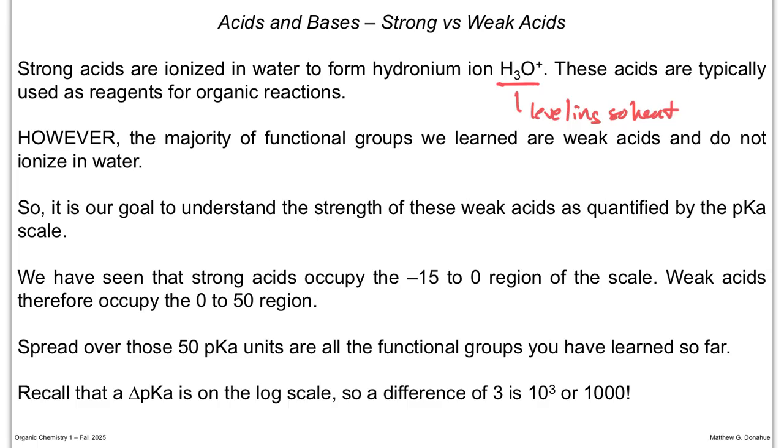But for the weaker acids, which are the functional groups, that's not always necessarily the case. And so we have to match the pKa of the functional group to an appropriate base, and then we need to consider what sort of solvent we should run the reaction in.